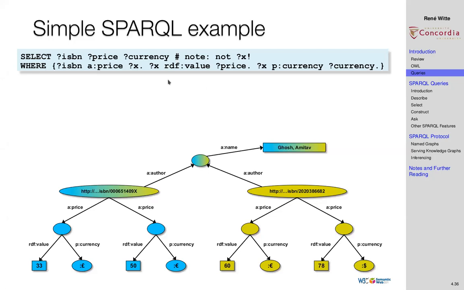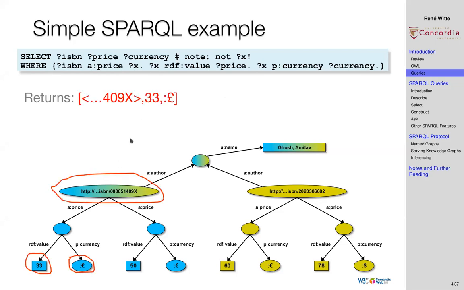Now, if you run this SPARQL query against the graph given here, it will start matching. And the first triple it will return, this is the one that we select here, ISBN, price, currency, will be the one that's matched with these three patterns here. So we matched in the first pattern the ISBN number with a price, the price with the value, and the value with the currency.